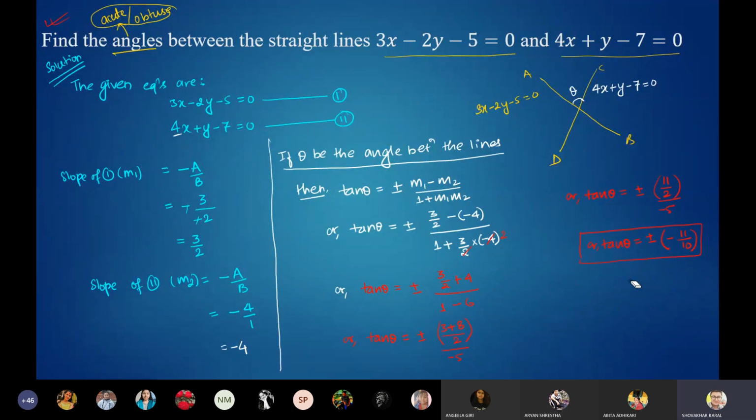So let's find for the acute angle. For the acute angle, as I told you earlier, don't consider what sign is here. Simply what you need to do is just write tan theta is equals to positive 11 by 10.